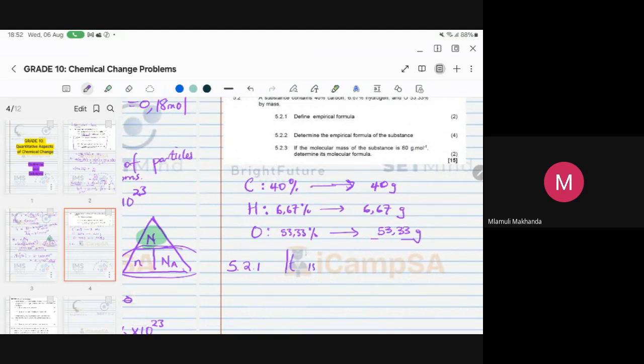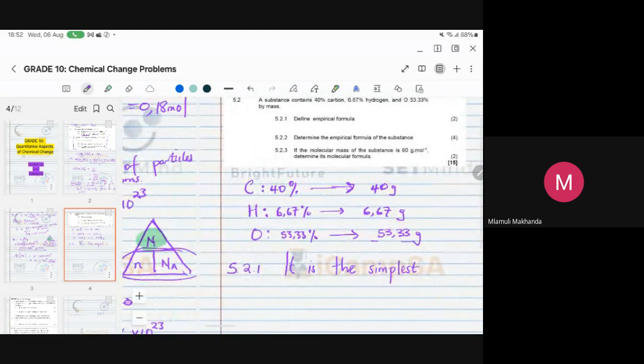It is the simplest whole number ratio of atoms in a compound. That's basically what it means.